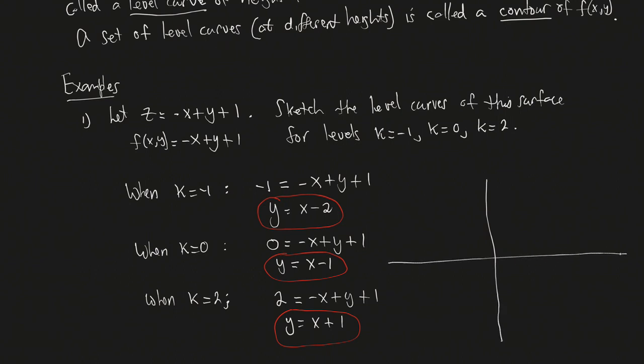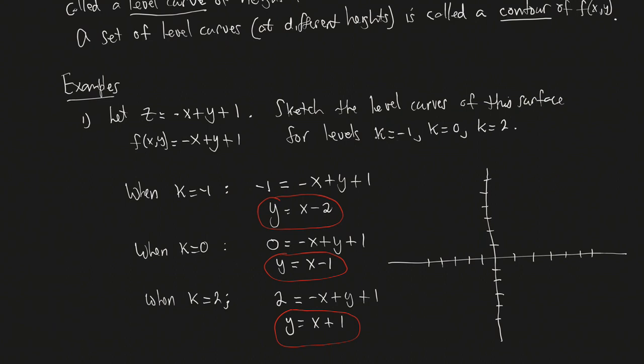So let's sketch each of them on an xy plane. Let's put some markers on our axes. I probably don't need too many of them. I chose the numbers so that it wouldn't be too difficult. Let's start with the first one, when k is equal to negative 1. It could also be written as z is equal to negative 1.